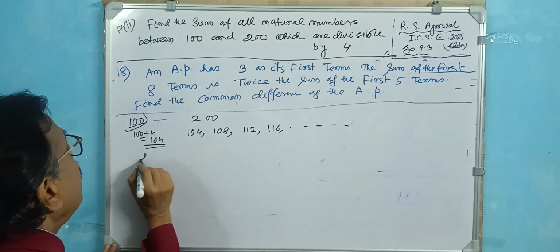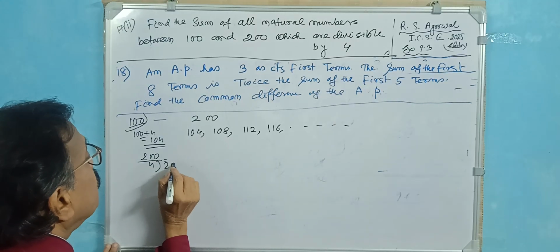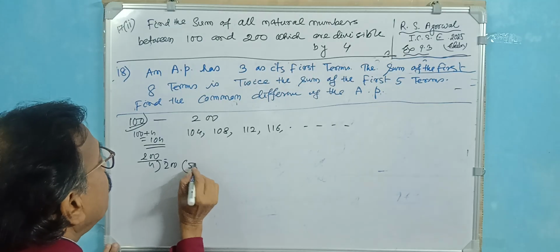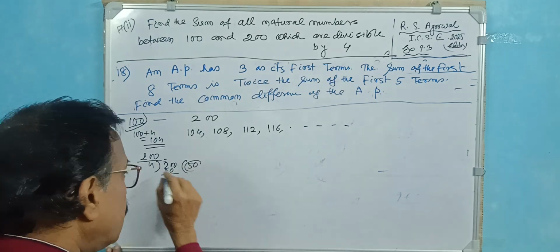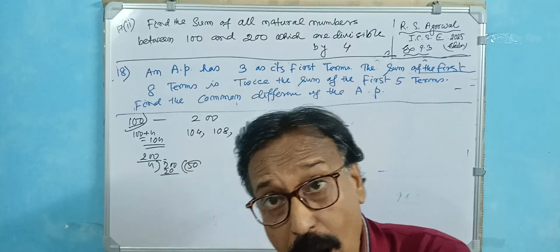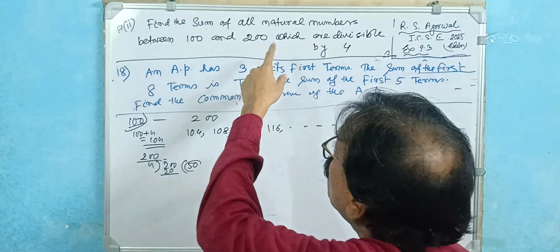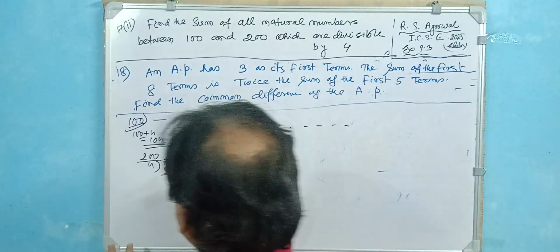Now 200 divided by 4 is 50, so 200 is divisible by 4. But you just calculate the natural numbers between 100 and 200, you do not take 200.